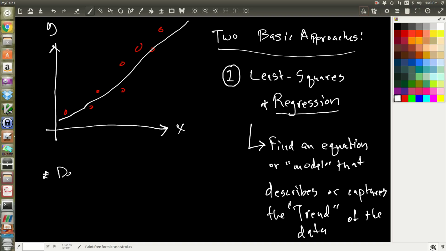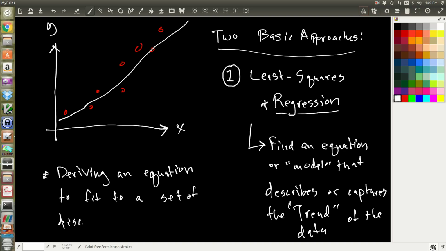So we're deriving an equation to fit to a set of discrete data points. So discrete as in, it's not a continuous set of data.